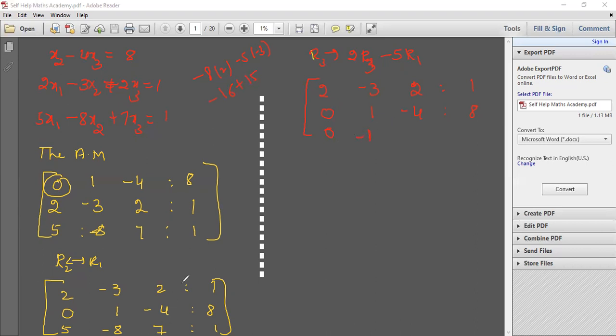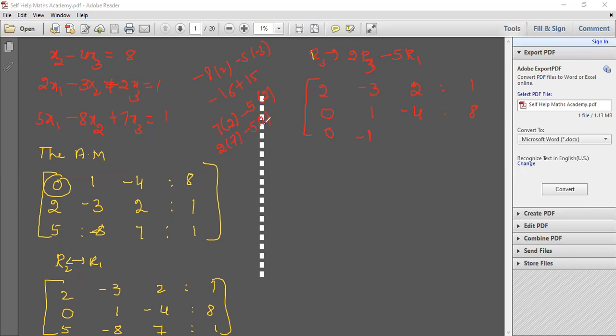Similarly, here you have 2 times 7 minus 5 times 2.